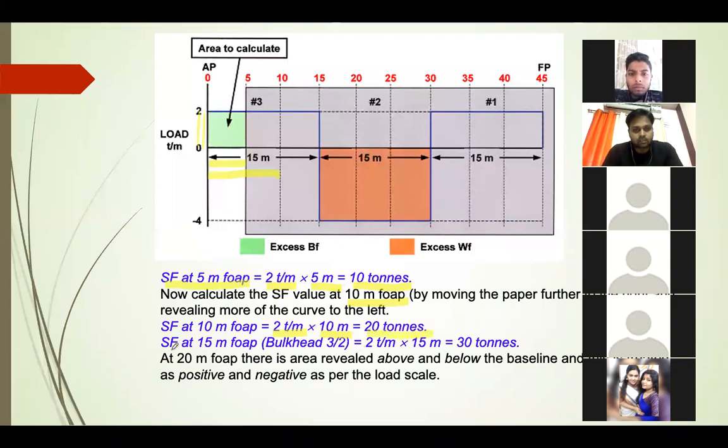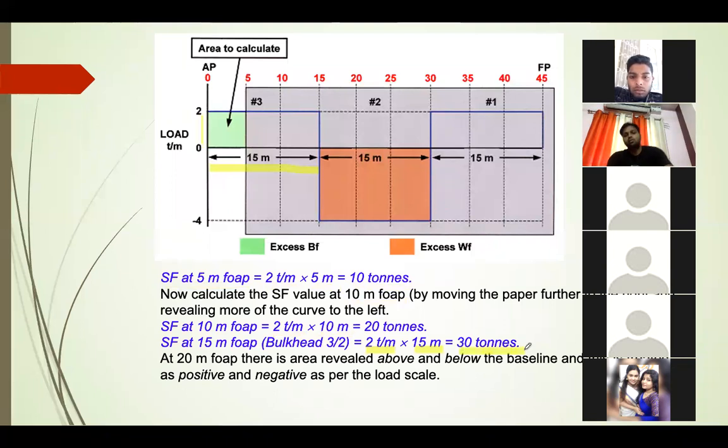Again, for the shearing force at 15 meters, that is basically from here to here, it is on the positive side, 2 tons per meter into the distance, which will give you 30 tons.